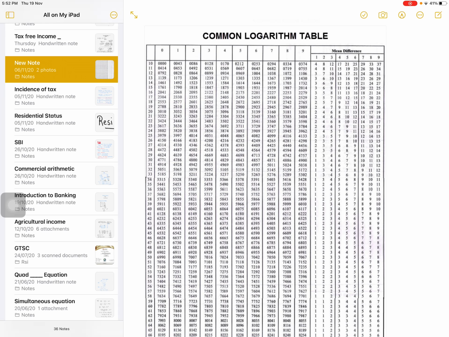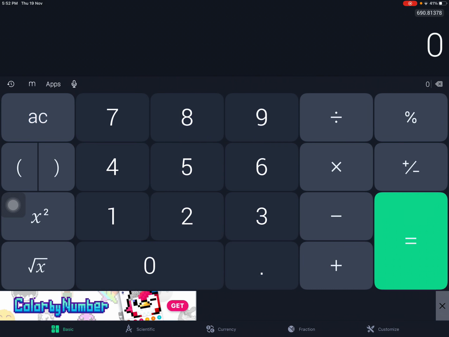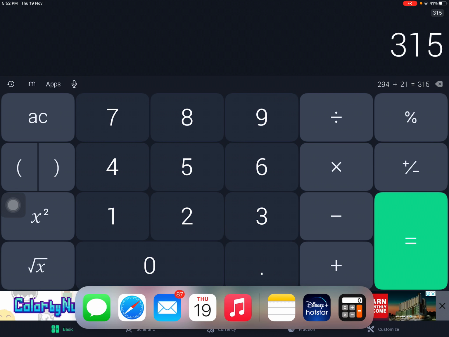So add 21 to 0294. 0294 plus 21 is 0315. Okay.